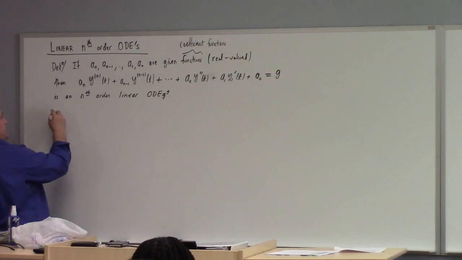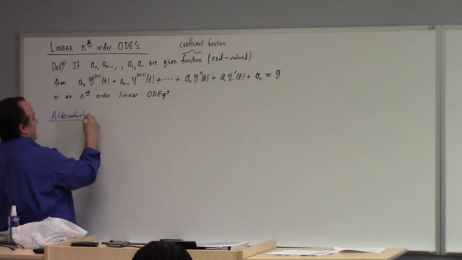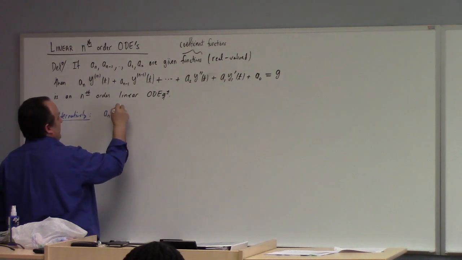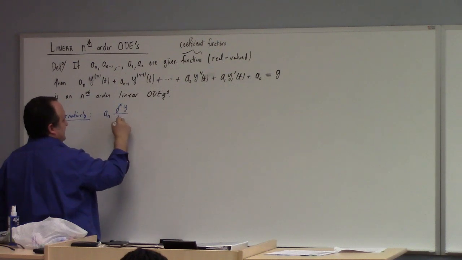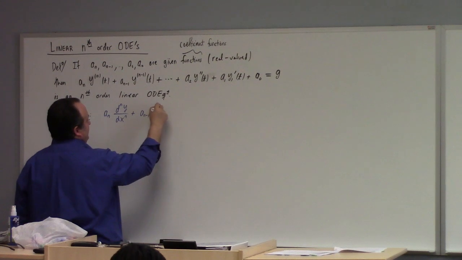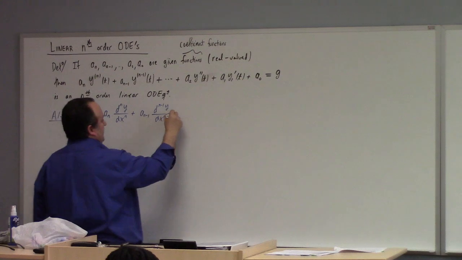But alternatively, I could write it in different notation, right? I could write the nth derivative of y with respect to x, a_{n-1}, the n minus 1th derivative of y with respect to x, and so forth.